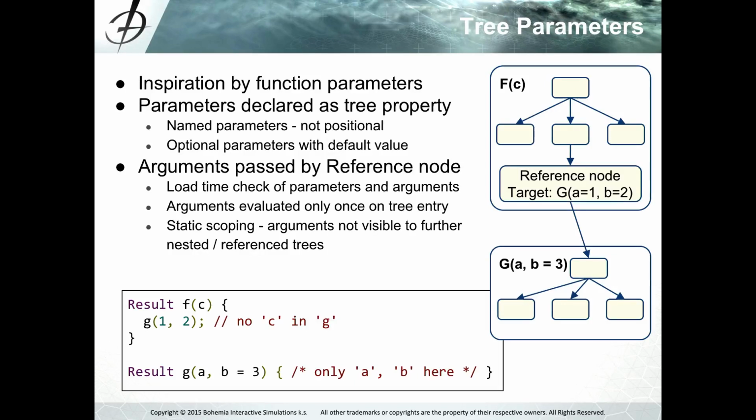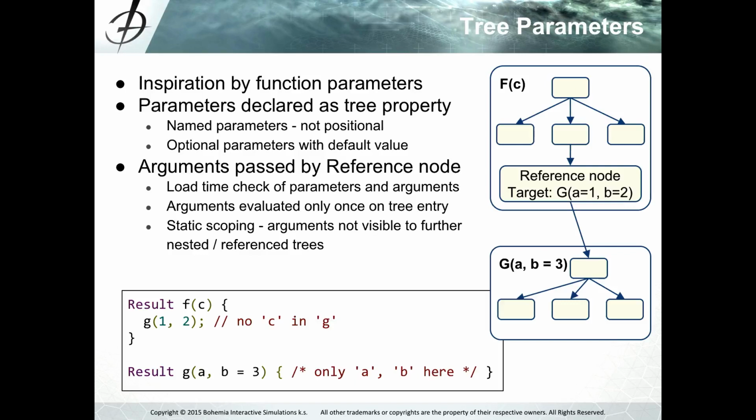That has the benefit that we can do better checking at load time. And the one benefit of positional parameters would be less verbosity, but that's not the case for graphical programming languages like behavior trees. Our parameters may be made optional by defining a default value, and then the parameter doesn't have to be passed explicitly into the tree.